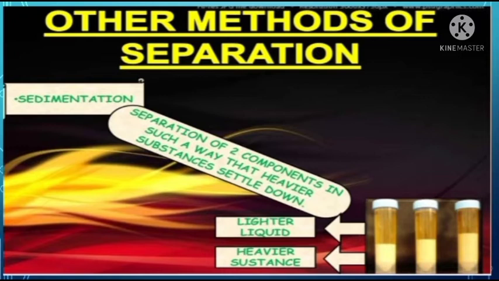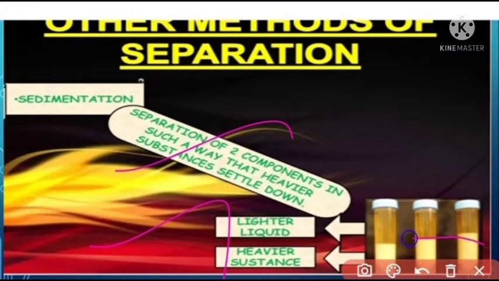See this diagram: the heavier particles settle near the bottom of the test tube, and the lighter liquid is on top. This way of separating heavier substance from lighter substance is called sedimentation.